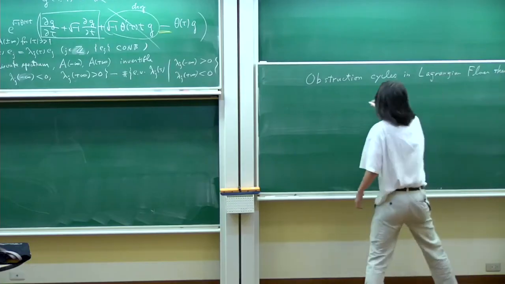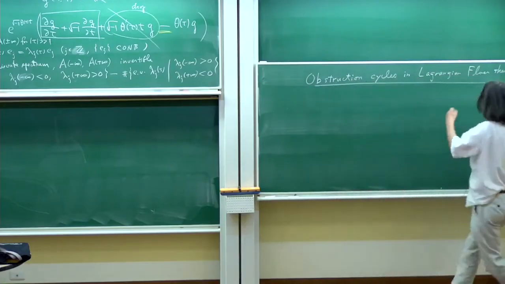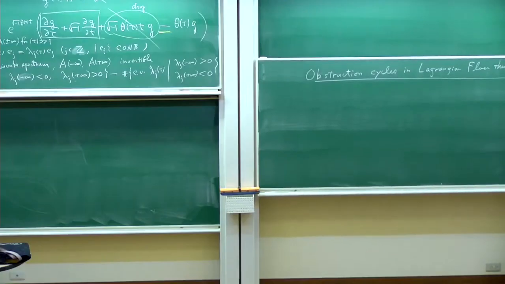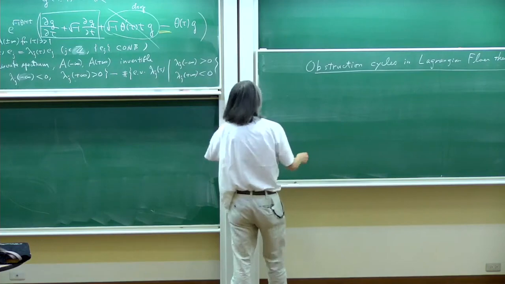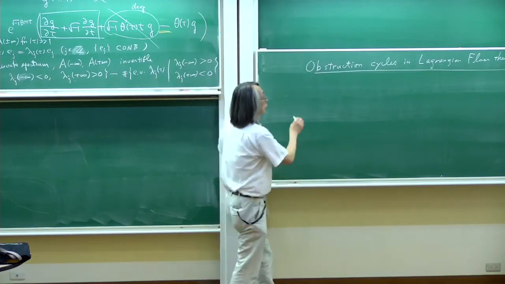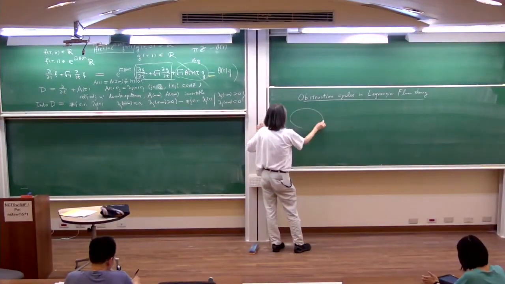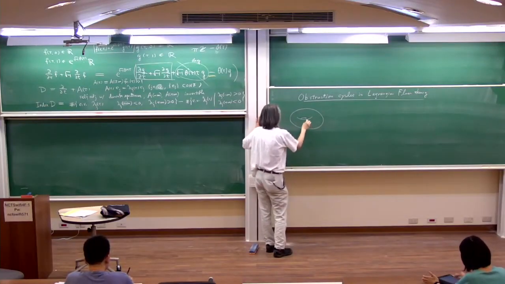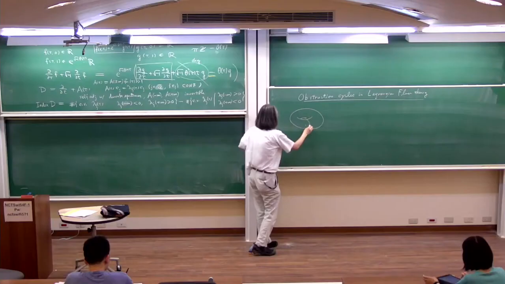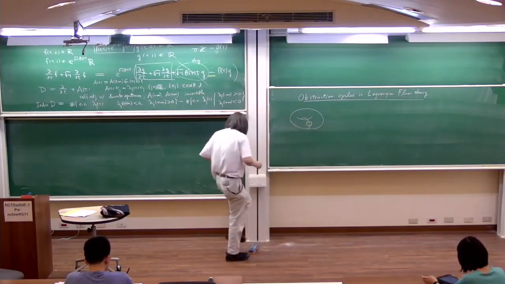Last time I discussed some examples, two-dimensional examples. For instance, I have this torus, and then I have one meridian here, and then I have some small circle here.